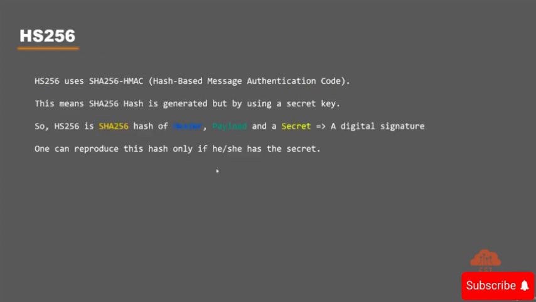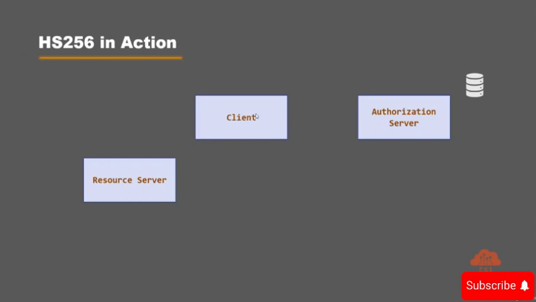Now let's see a visual representation of this so you can better understand what's really going on when you are using the HS256 algorithm. As usual, first the client needs to authenticate with the authorization server. So he sends his login credentials, and the authorization server first verifies if these credentials are valid.